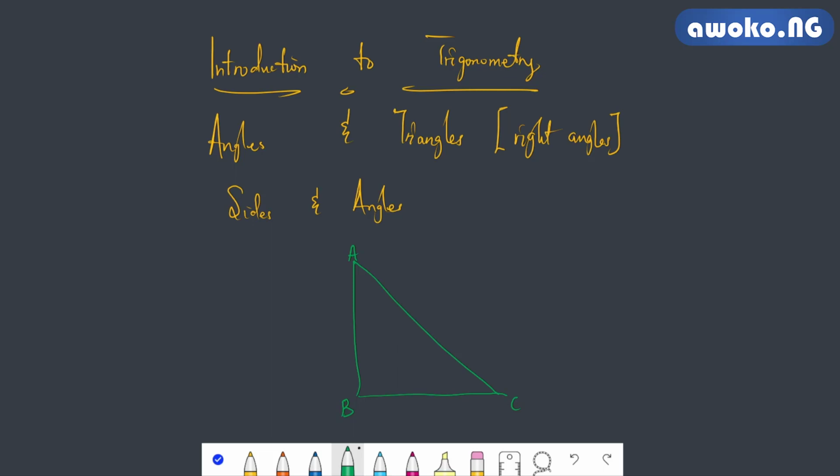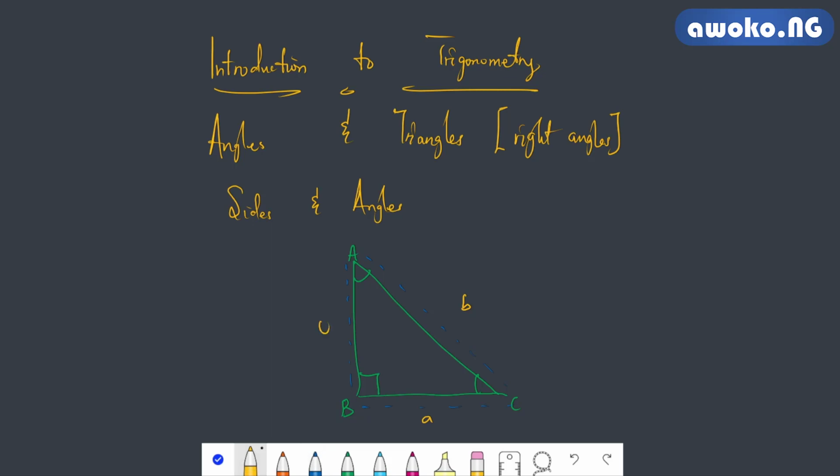And the sides facing each of these angles, this is angle C, this is angle A, while this is B. The side facing the angle A, which is this side over here, is denoted by the small letter a, while the side facing the B is denoted by the small letter b, and the side facing that of C is denoted by this side, which is the small letter c.